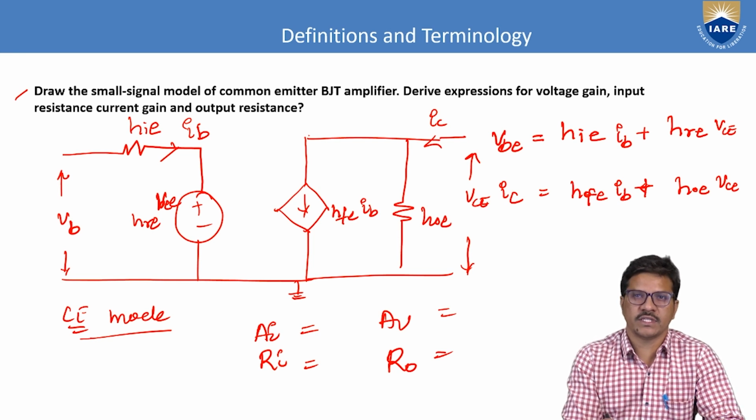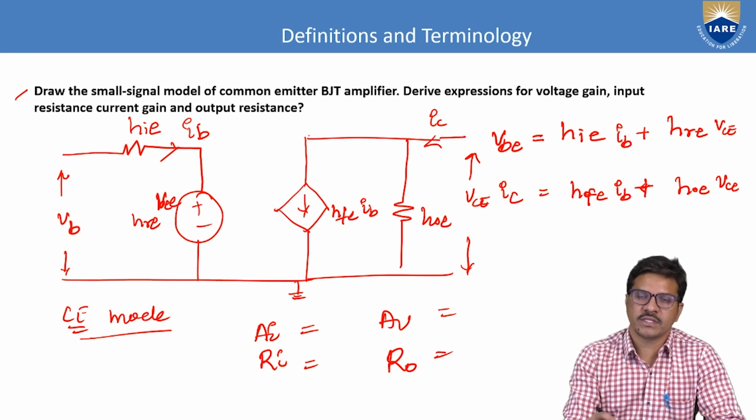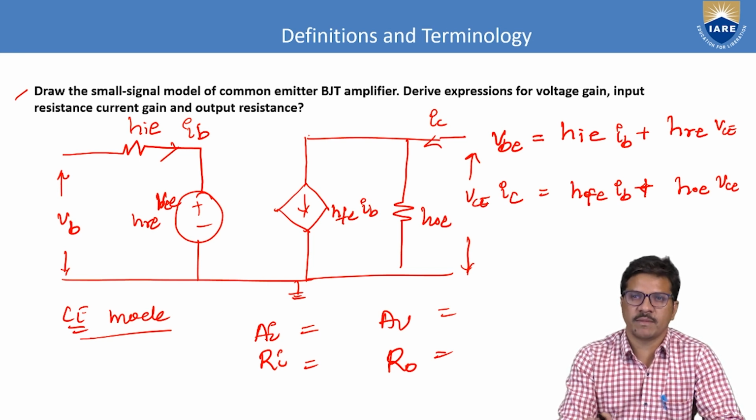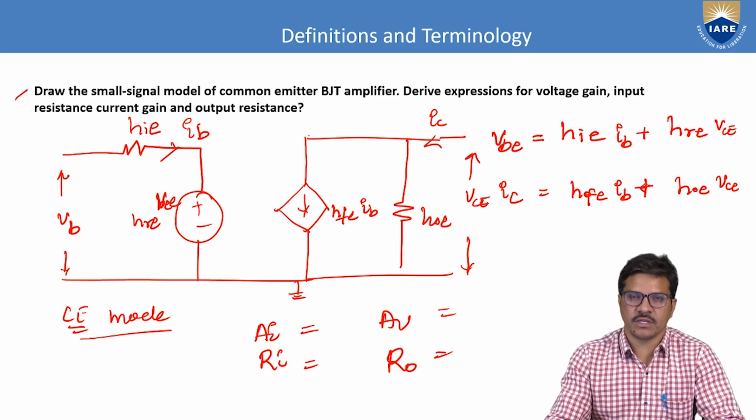If the question is to draw the small signal model of the common emitter, you have to draw this. For common base, the parameters just change, the diagram is the same. Then derive the equations by applying the analysis. This is the way we have to write the answers in the examination.